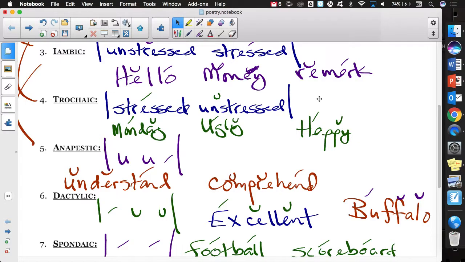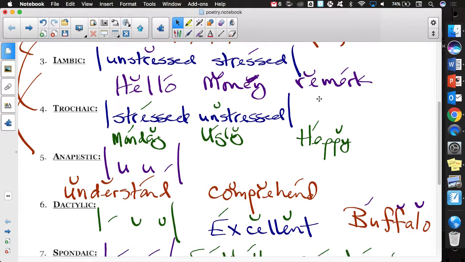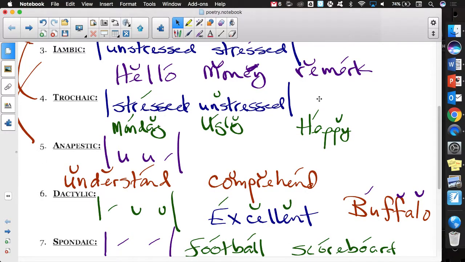So, going back, the first two terms: you have a foot, which is a metrical unit of meter. Multiple feet together make a poem's meter. And then terms 3 through 7, iambic through spondaic, are all examples of types of feet.